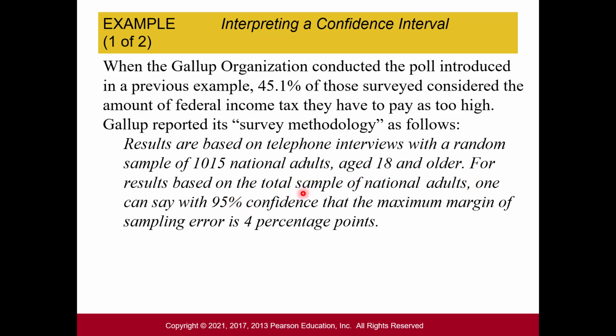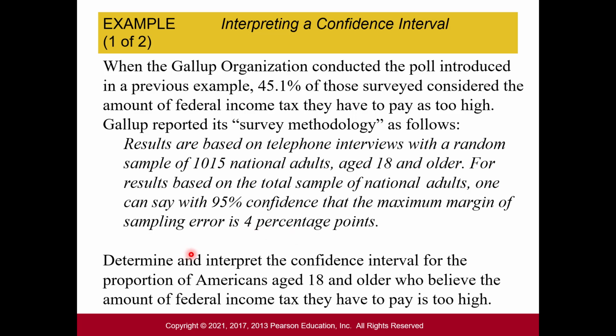For results based on the total sample of national adults, one can say with 95% confidence that the maximum margin of sampling error is 4 percentage points. So let's determine and interpret the confidence interval for the proportion of Americans aged 18 and older who believe the amount of federal income tax was too high.